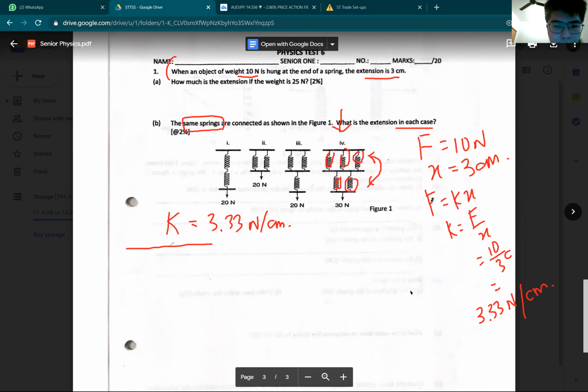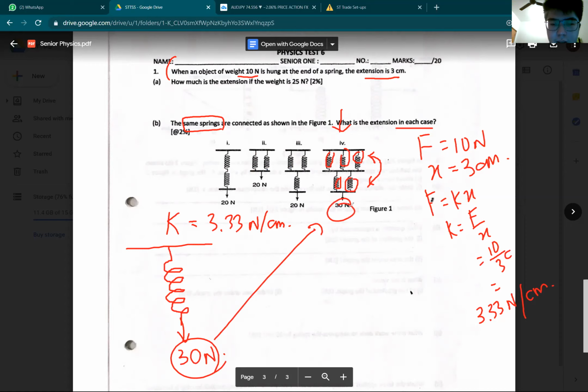After you calculate the spring constant, then 你要知道 what is the extension for just one spring. Okay, what is the extension for just one spring? If the force is 这个 force 要跟它的 force 一样 30 Newton. Okay, 30 Newton. So from here you find F equals kx.